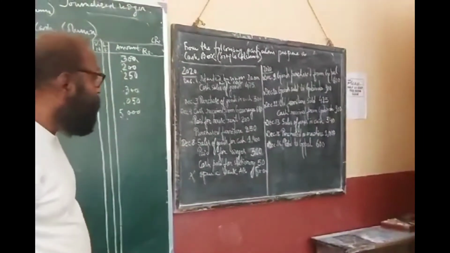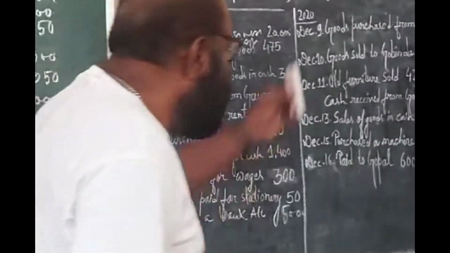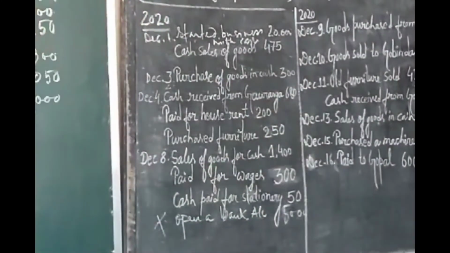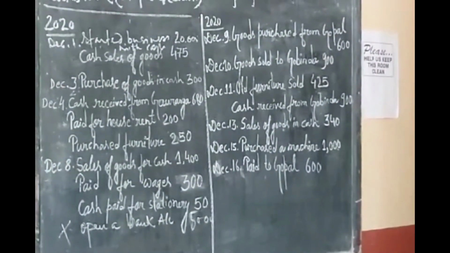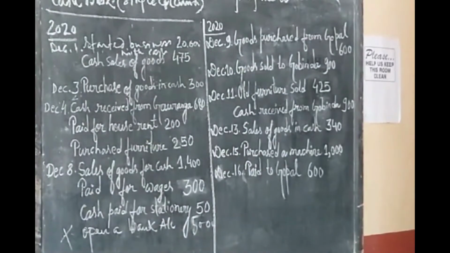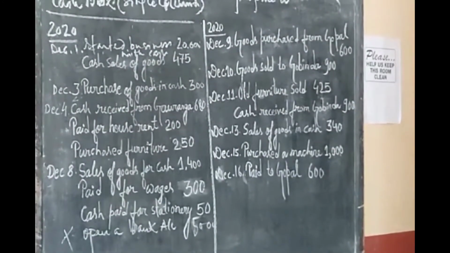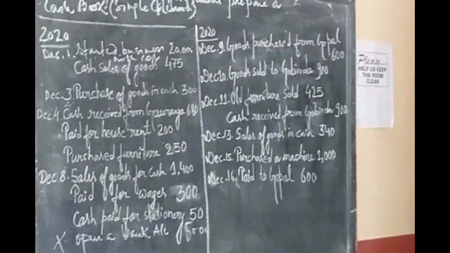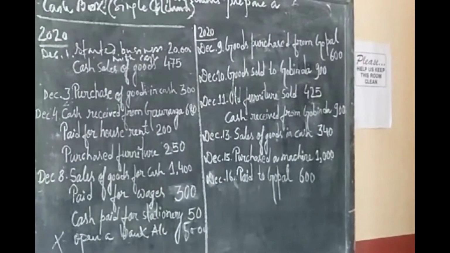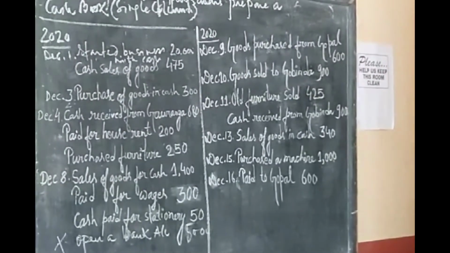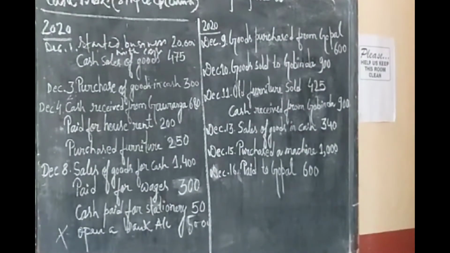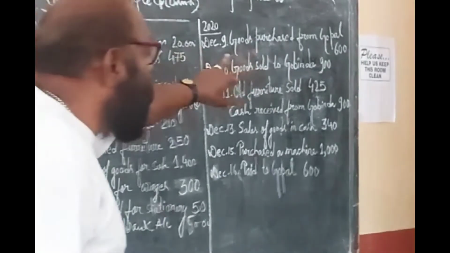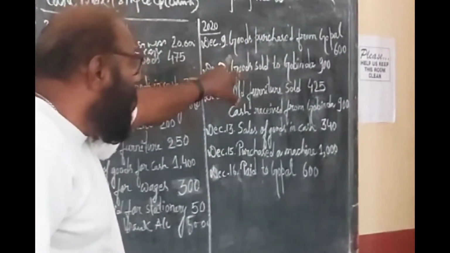Next one. Goods purchased from Gopal, 600, on the 9th. Goods are coming in, so purchase account debit. What should be credit? It is not mentioned whether it is for cash or on credit.